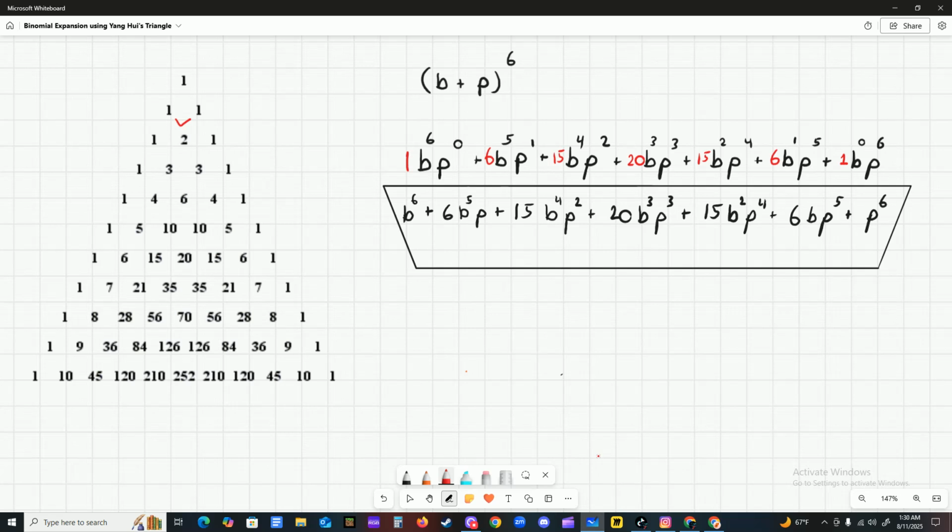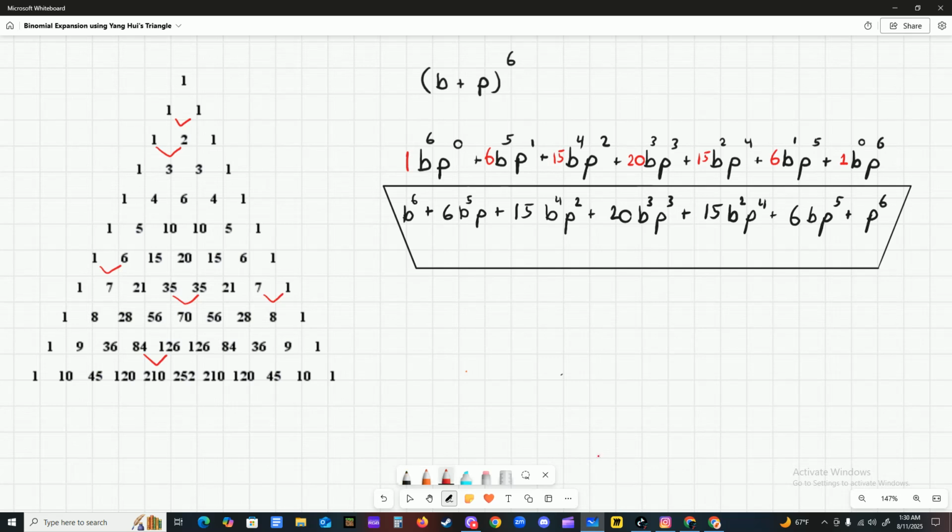Look at that. 1 plus 1 is 2. 2 plus 1 is 3. 1 plus 6 is 7. 35 plus 35 is 70. 7 plus 1 is 8. 84 plus 126 is 210. So that's how you make it. So what do you guys think? And notice that there's always ones all the way across. So we're going to put a 1 right here.